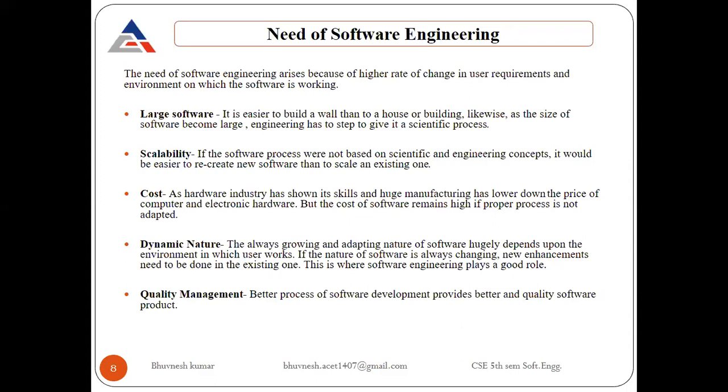They only add some features and scale it up. This means that if we make a product with proper standards, principles, and techniques, then we can scale our product and give the best services to our users. Next is cost.